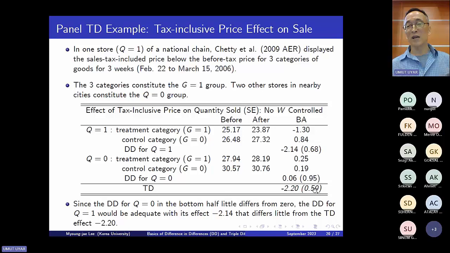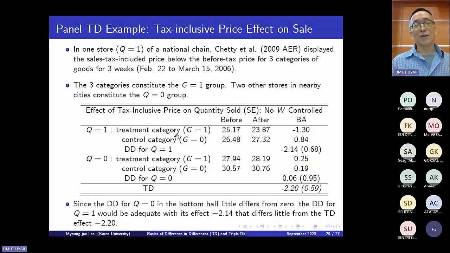And here is a standard error. So this number is a significant decline. So contrary to people being rational, if you actually include tax in your price, sales will drop. That's what they showed.